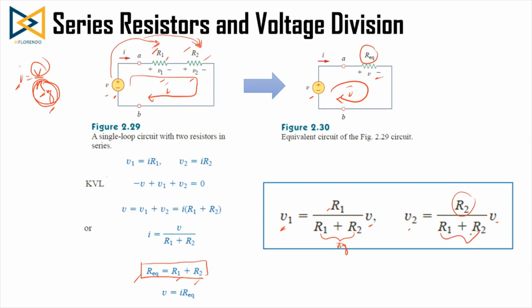And then, same pa rin yung denominator natin, which is also the R equivalent, times the voltage source. So, ganun lang. Madali siyang tandaan. Kung hinahanap yung specific voltage drop sa isang resistance, ang nasa numerator ay yung resistance 1, for V sub 1. Kung V sub 2 ang hinahanap, yung nasa numerator yung R sub 2. And then denominator, yung mga total resistance na, and then multiply by the voltage source.